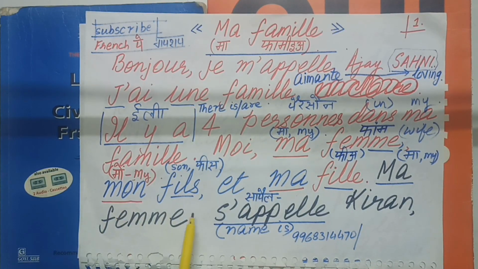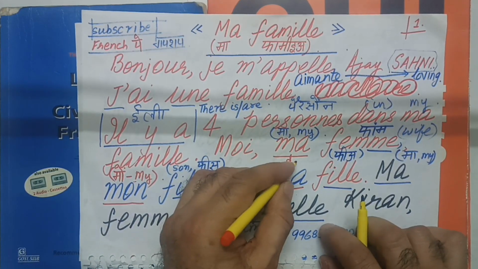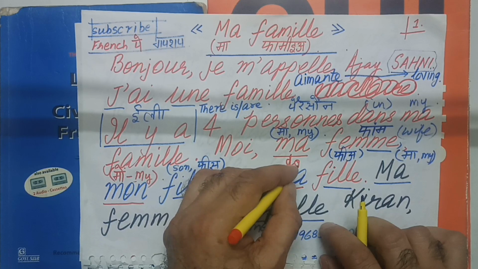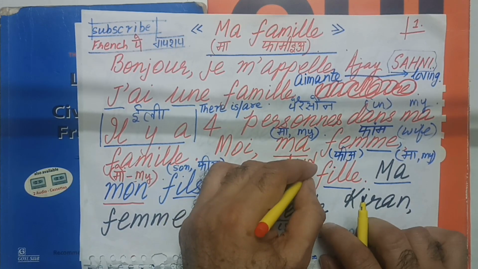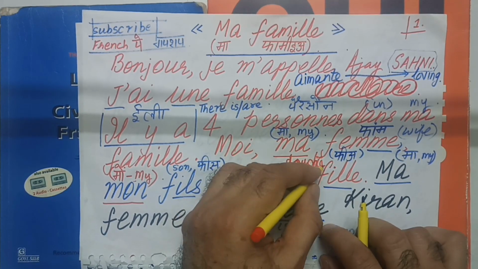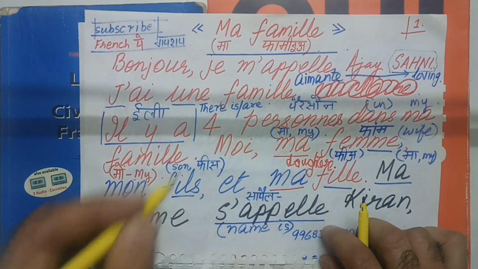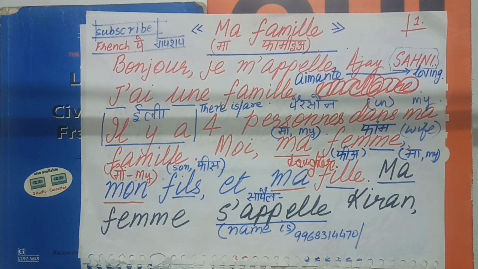Then mon fils, my son, et ma fille. Fille, c'est-à-dire daughter. So they are you, G, H, T, E, R, daughter.